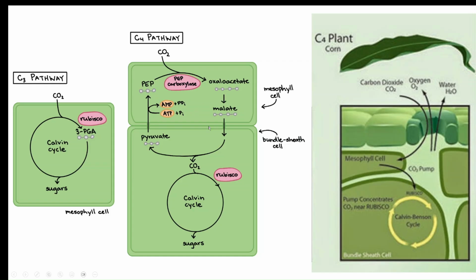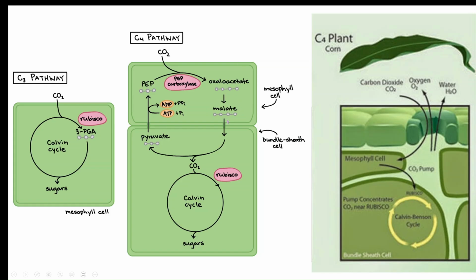Why do we take this extra step? Well, we can build up a higher concentration of malate inside of this mesophyll cell. Like let's say during nighttime where the temperatures drop down, if we are the C4 plant, we can bring in a bunch of carbon dioxide at nighttime and then turn it into malate.